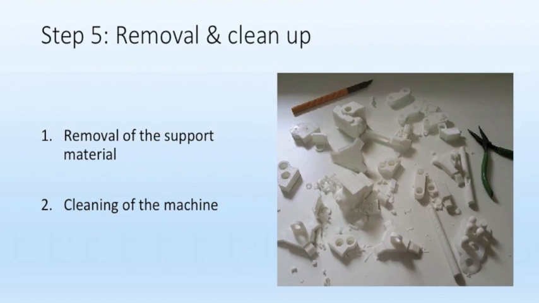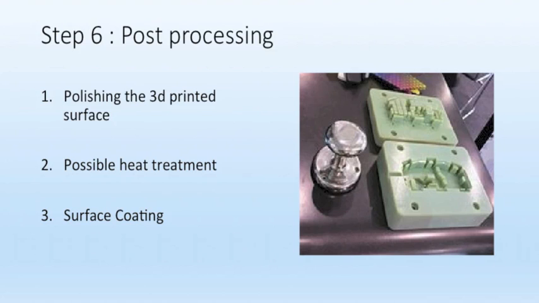So the next step will be post-processing. Once you've cleaned up the part, you could further apply additional coating or polishing to the part so that it becomes a metallic finish, or very shiny, or very smooth. After you 3D print a part, the as-built surface is usually not very smooth.